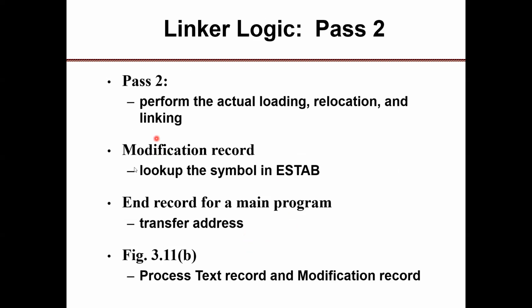Okay, so it's going to do all of that work for each modification record and each control section for each of those symbols that are in the ES tab. And then we'll read the end record for the main program. We're going to talk a little bit more about how to define a main program in the SIC family of machines, because in C and C++ and in other programming languages, you've already been introduced to the main function or the main method, and you understand how that works.